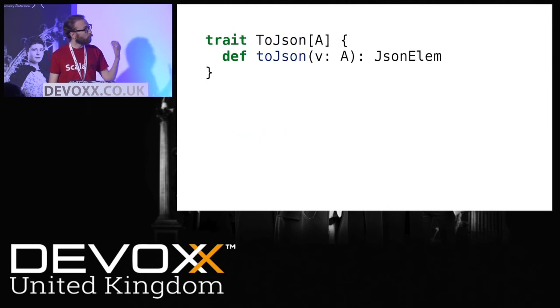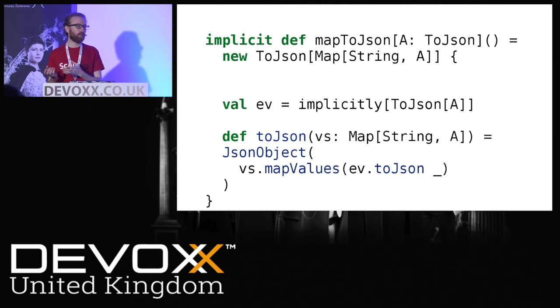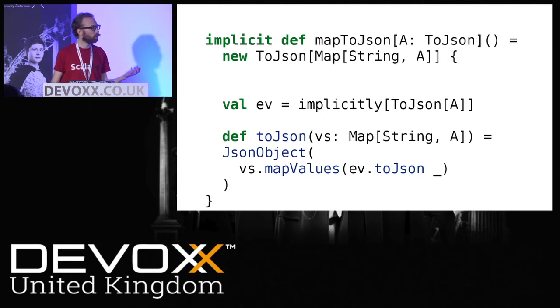And then, for our own values of A, like your own types, you provide the implementation. And what's very, very nice is the types provided by Scala, like a map. It's a map of string to something. It's easy to turn into a JSON object, provided the something is turnable into JSON.